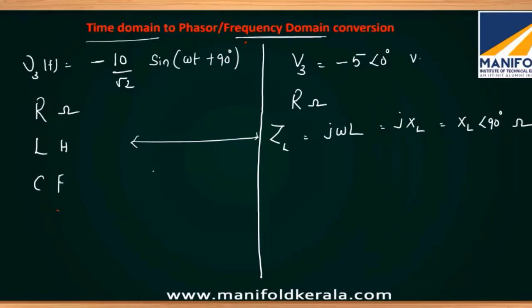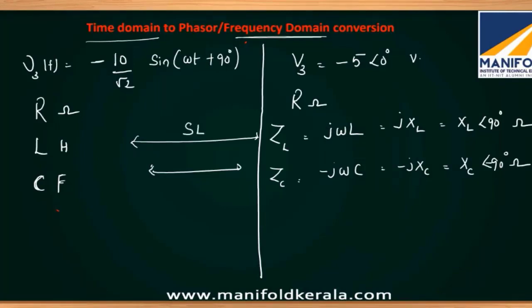Similarly, C farad will become C farad. So many farads, it will become what? ZC will become minus j by omega C, that is minus jXC, or XC at an angle minus 90 degree ohm. Why is it becoming this? Because when you do Laplace transform, you get SL, you get 1 by SC.